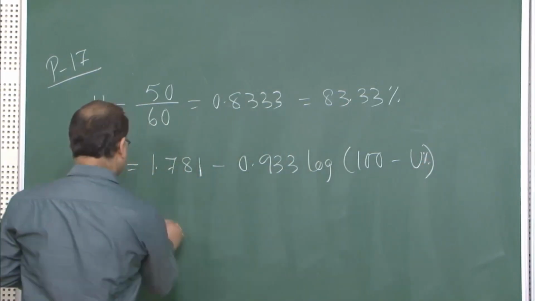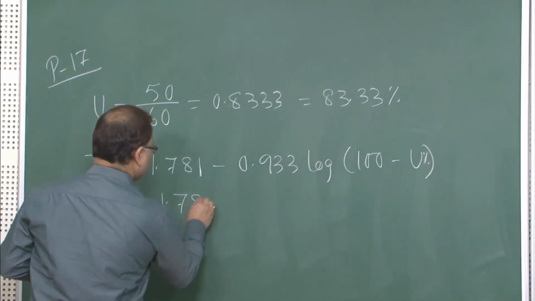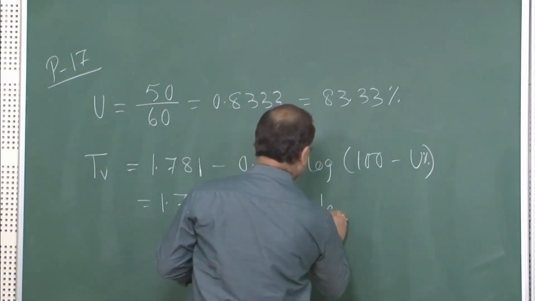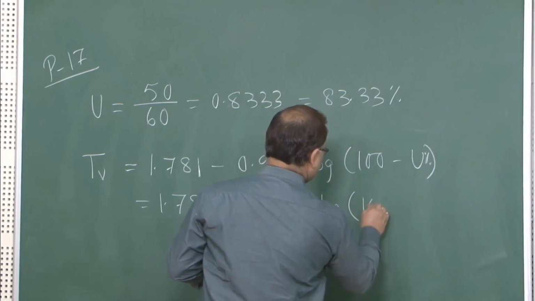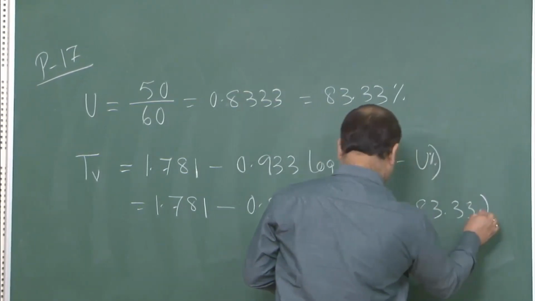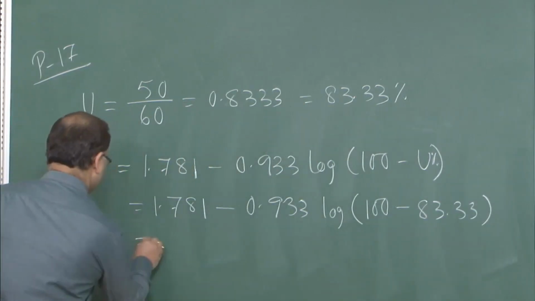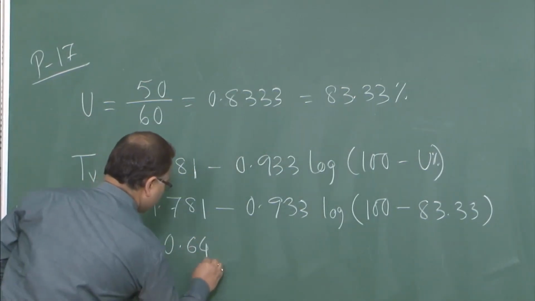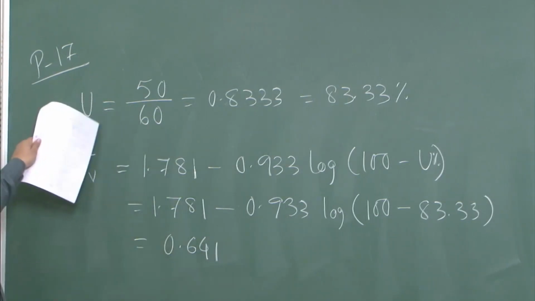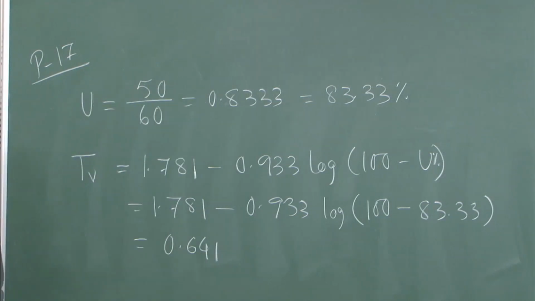So, if you put 1.781 minus 0.933 log of 100 minus 83.33, this will give me 0.641. So, your TV is equal to 0.641 at 83.33% degree of consolidation.